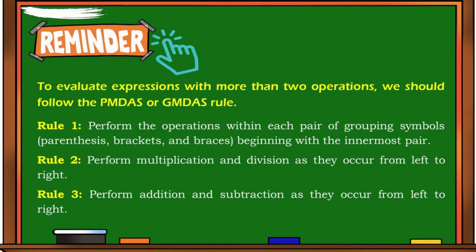Rule number 1, perform the operations within each pair of grouping symbols, parentheses, brackets, and braces, beginning with the innermost pair. Rule number 2, perform multiplication and division as they occur from left to right. And rule number 3, perform addition and subtraction as they occur from left to right.